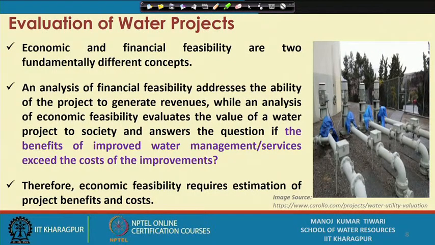So, when we use the terms economic and financial feasibility, many times we use them interchangeably, but these are two fundamentally different concepts. We have talked about this briefly earlier as well: financial feasibility addresses the ability of a project to generate revenues. So, it only focuses on the generation of revenue.